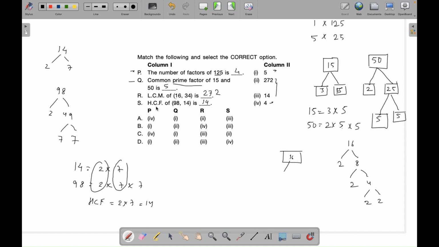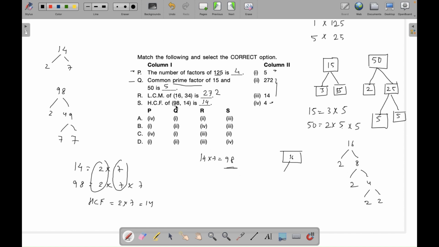The other trick is for the HCF of 98 and 14. Whenever you are asked to find the LCM or HCF of two numbers, quickly check if the larger number is divisible by the smaller number. You know 14 times 7 is 98, right?